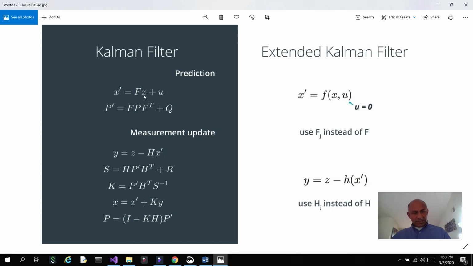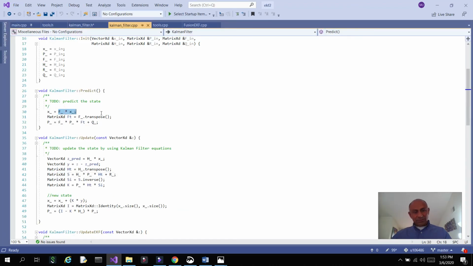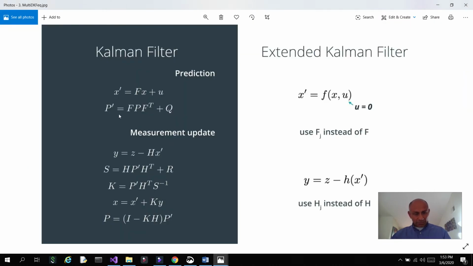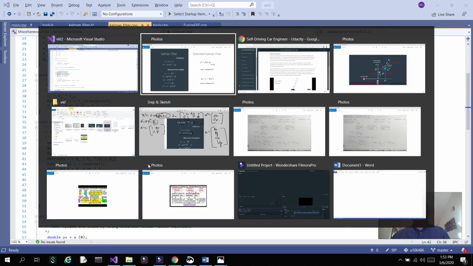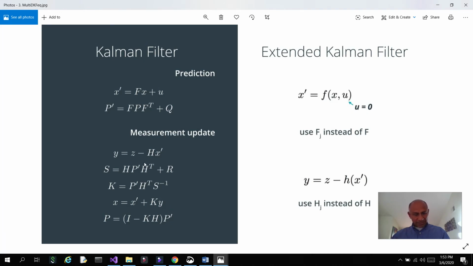If you see, x predicted is Fx plus u. We ignored nu in the prediction of the state because we are going to account for it in Q. And P predicted, the predicted error, was this function here. So this is predict, and update is this set of equations here, exactly the same.